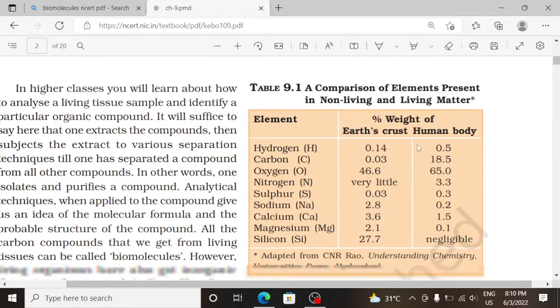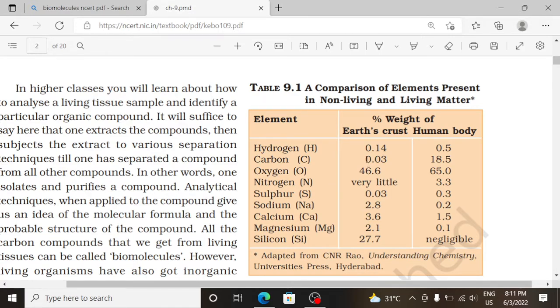First I have given the comparison of elements present in non-living and living matter. So hydrogen, percentage weight of the earth's crust and human body: 0.14 and 0.5.